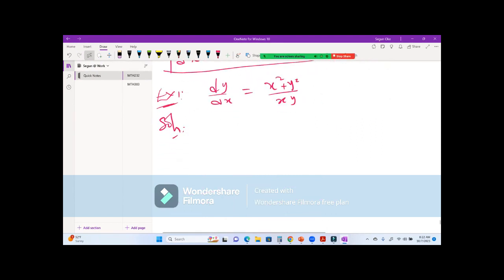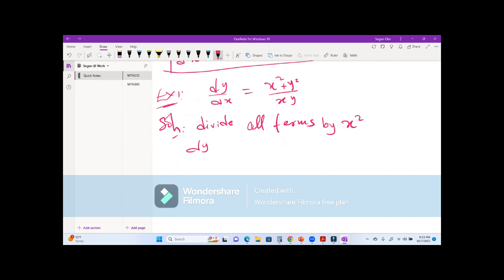I will now say step 1: divide all terms by x squared. So I have dy/dx equals x squared divided by x squared.